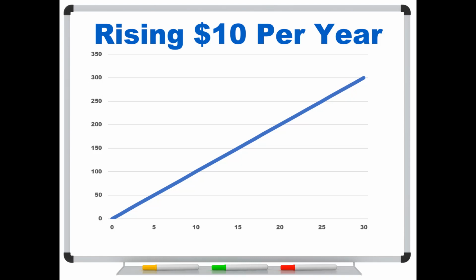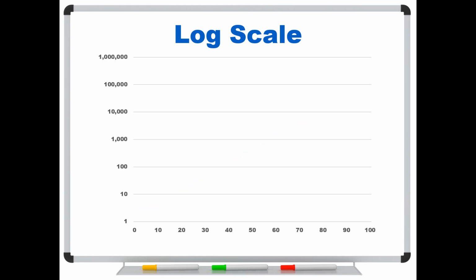So rather than looking at a chart like this, where each of these rows is a steady increase in a fixed dollar amount, like here we're increasing by $50 each time, let's change it to a log scale. In a log scale, instead of increasing by a fixed dollar amount, it increases by a fixed multiplier or a fixed multiple each time.